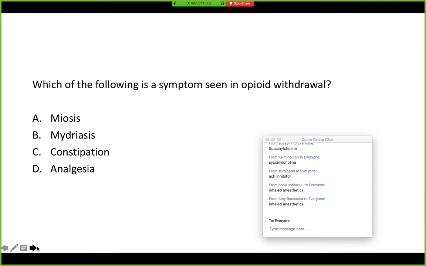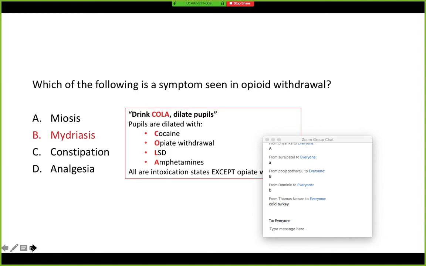Okay, so which of the following is a symptom seen in opioid withdrawal? Yeah, so the correct answer here is B, mydriasis. So in opioid overdose, you're going to see miosis.